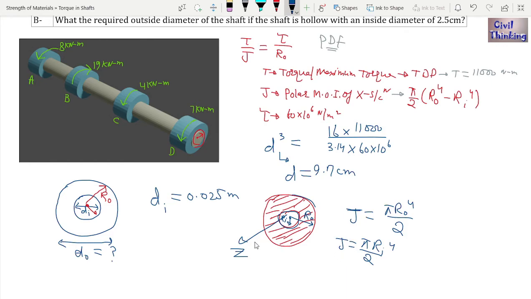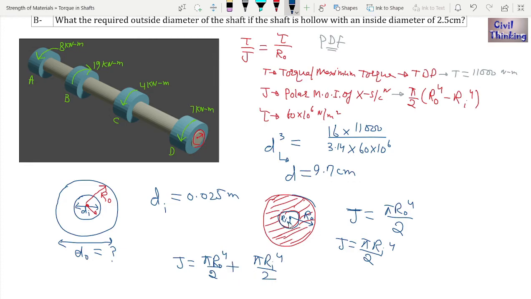Because it is about the same axis, the net moment of inertia of the whole hollow section is pi r naught 4 divided by 2 plus pi r inside 4 divided by 2. This is the net, because it is about the same axis. If it was not about the same axis, there would have been no addition.